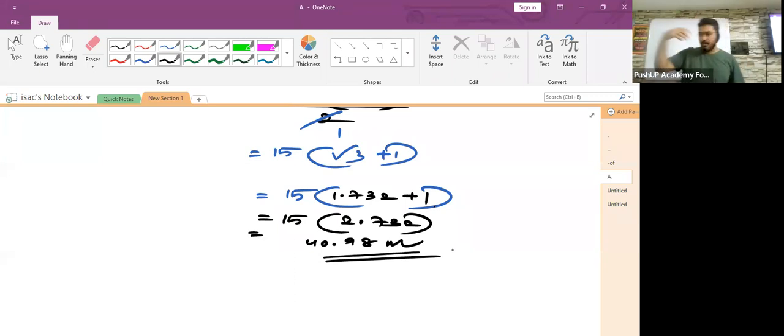Suppose towards the end of the question they ask you to round off the final answer to the nearest whole number, what will you write? 41 meters. 40.98, the 9 is greater than or equal to 5, so that will round up to the next whole number, which is 41 meters. Okay. Next question.